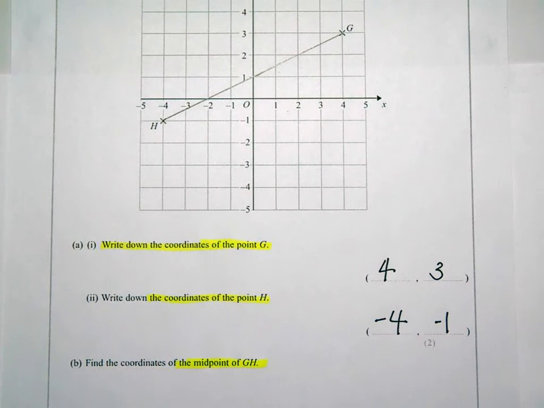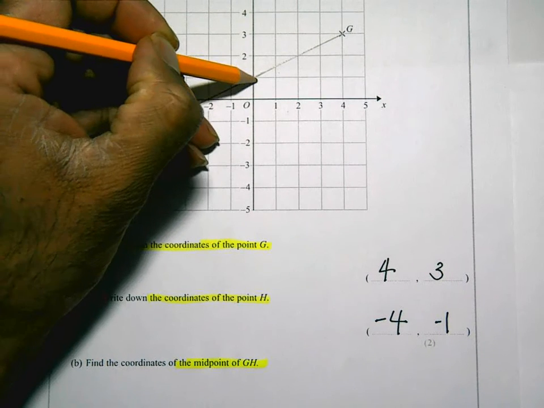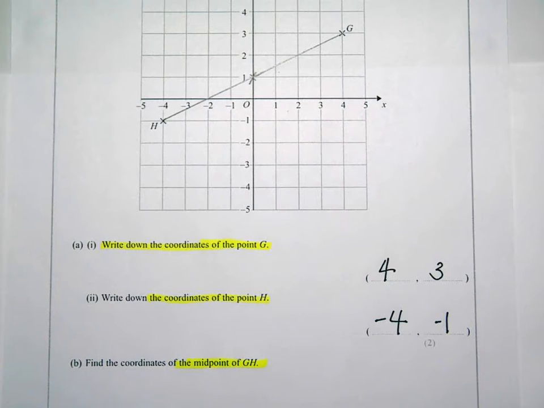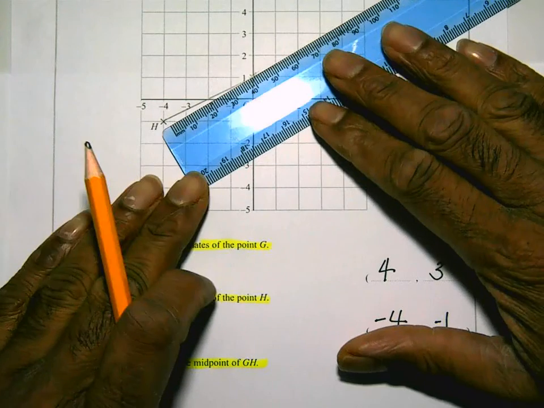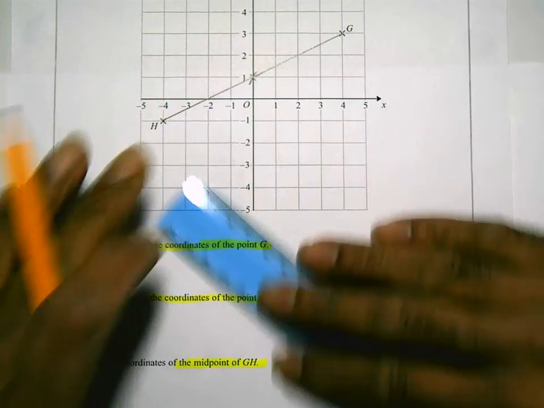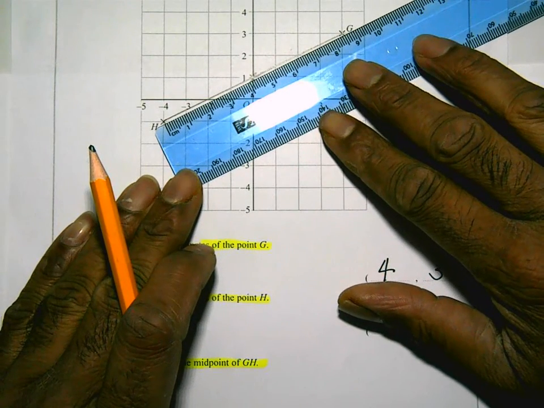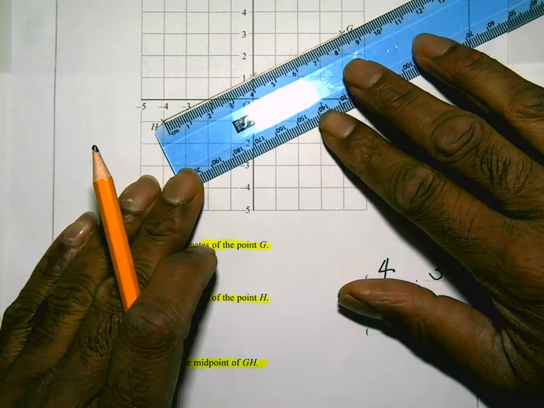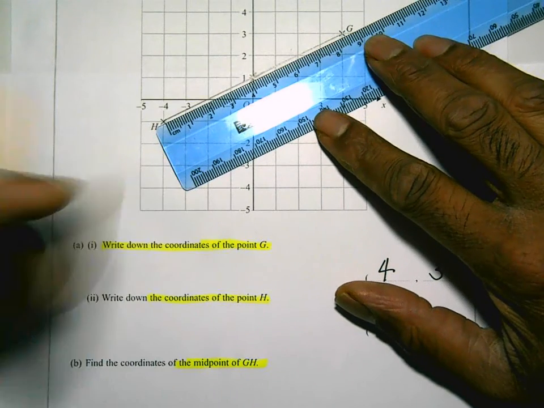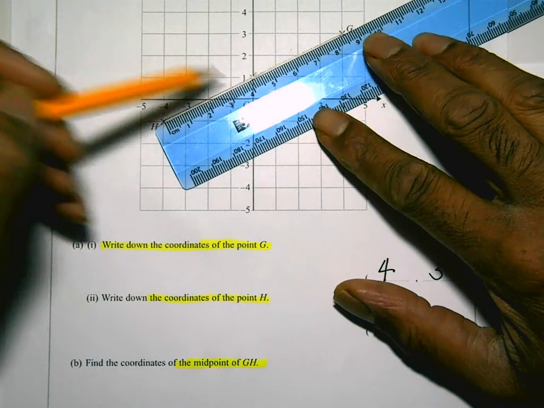Now, doing this by eye, I could see that there is the midpoint. I could also try to do this if I put my ruler down there, and I could see this is going to be about 8 and a bit centimeters. Half of that is going to be 4 and a bit, so yeah, 4 and a bit.